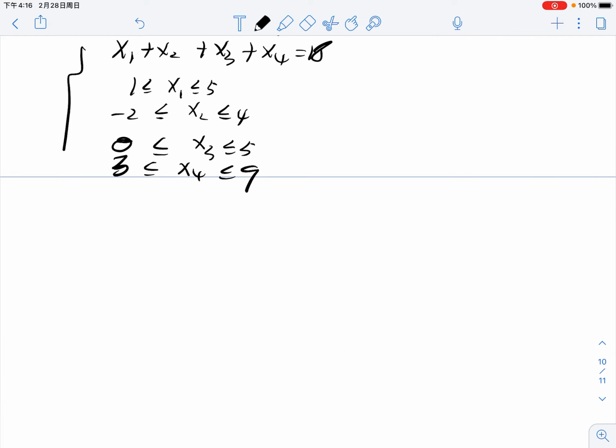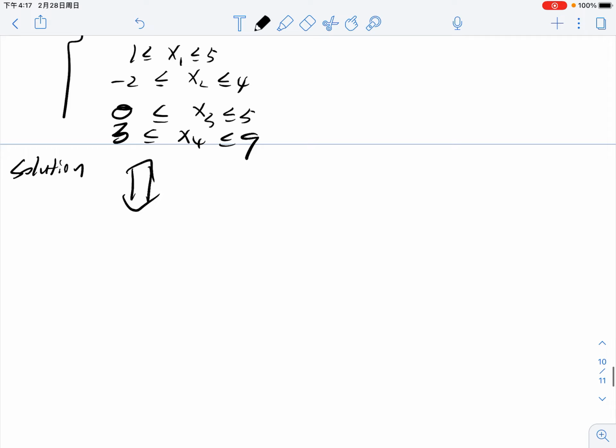So the idea first, we need to transform into a slightly standard form.